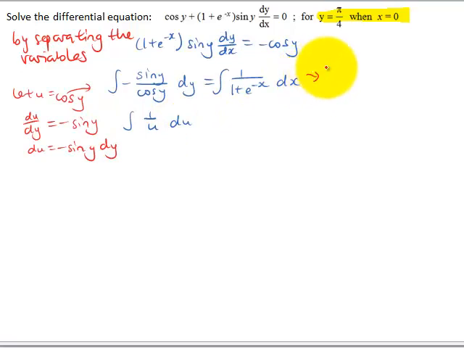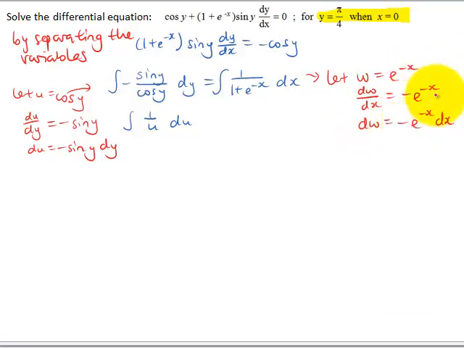To integrate the right hand side, I'm also going to use integration by substitution. To avoid confusion, I'm not going to say u, I'm going to say w. Let w be e negative x. So dw/dx is negative e negative x. So dw is negative e negative x dx.